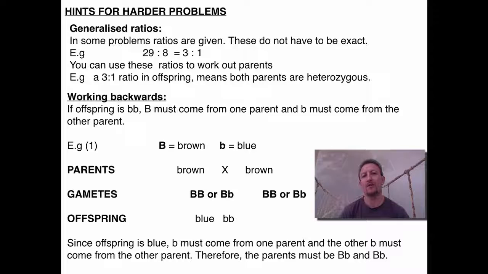If we've got an offspring which is little b, with big B being brown and little b being blue, and little b is recessive, then in order for the offspring to be little b, we've got to work backwards. Where would you get a cross that gives little b, and then you would have to explain it. You can get it from a situation where you've got heterozygous.